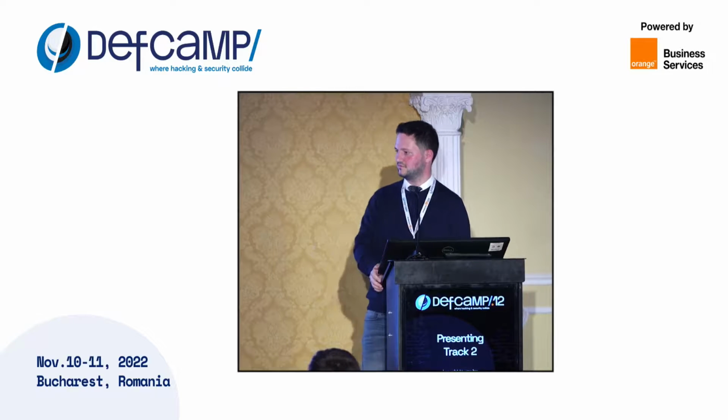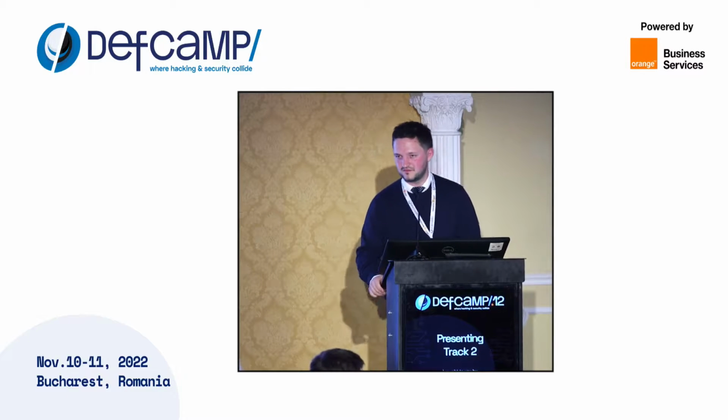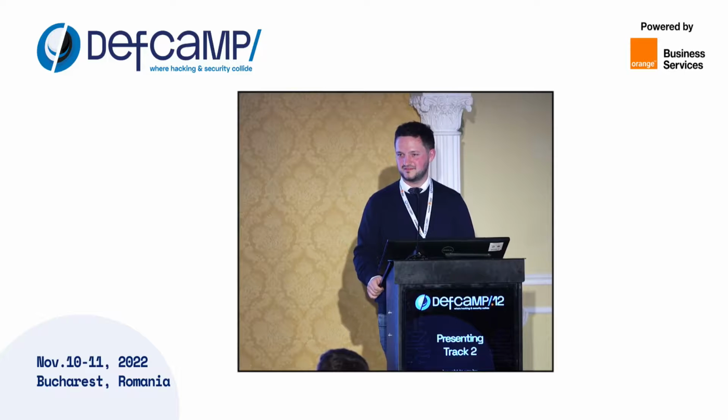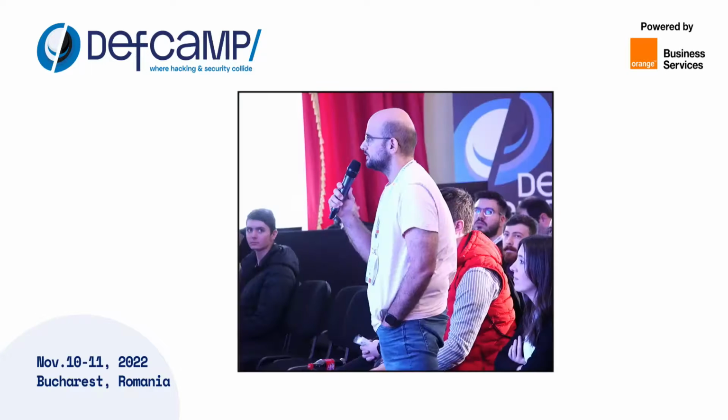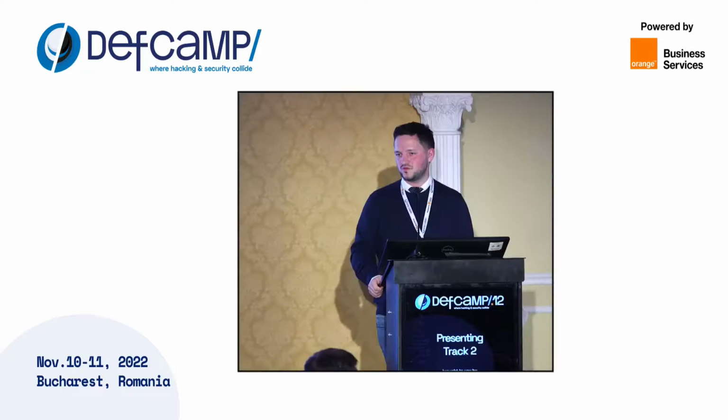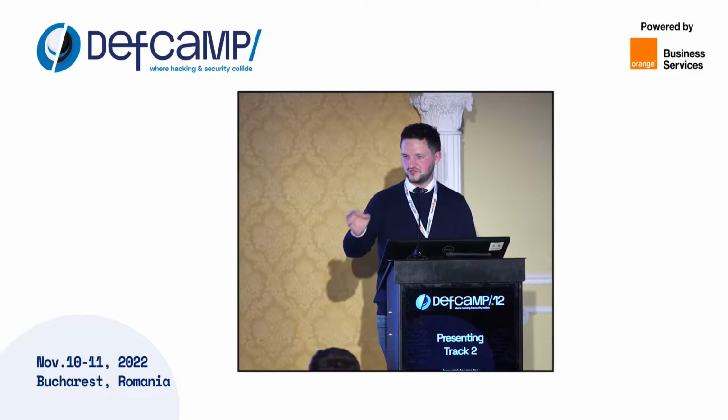Sorry, it might be a silly question, but did you try downgrading to HTTP 0.9? Yes, 0.9, because that's the first protocol. You might find other vectors there. I think it's working as well as 1.0 because they don't have the host header.